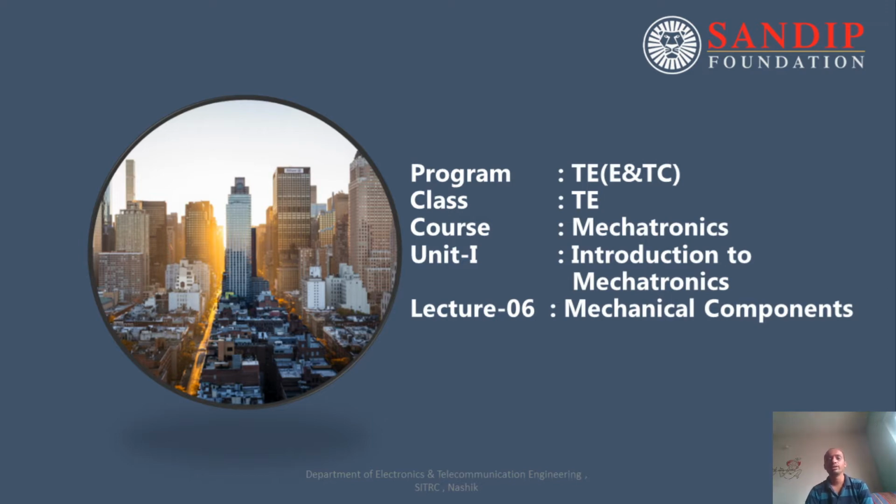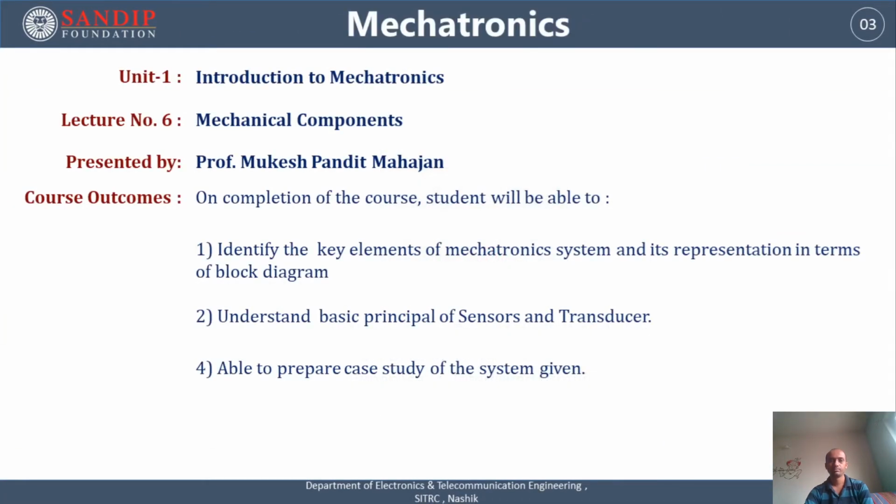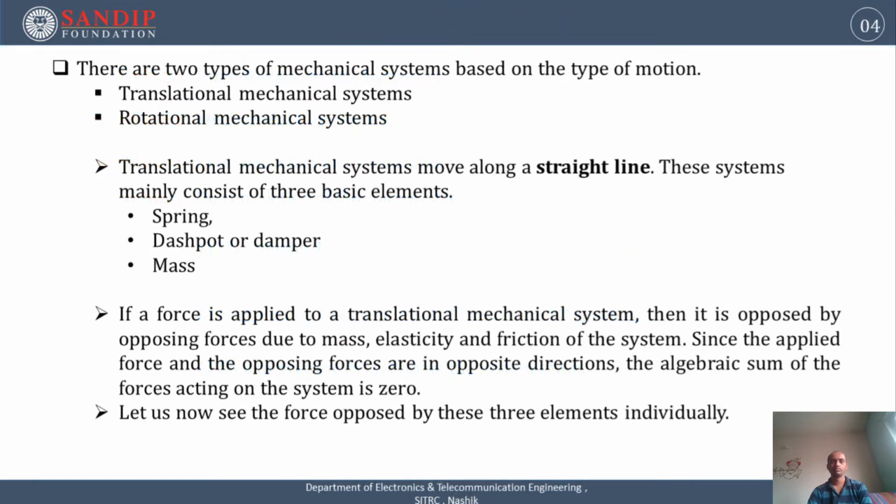Now in today's lecture we will discuss the different mechanical components which are used while designing a mechatronic based system. A mechanical based system design consists of basically different types of motions like translational or linear motion and rotational motion.